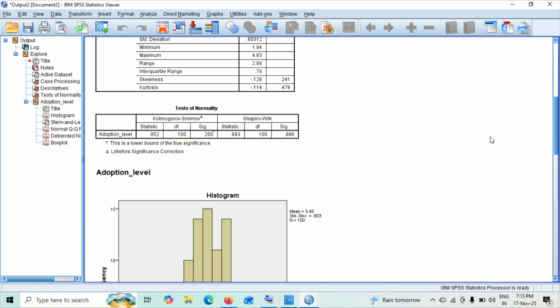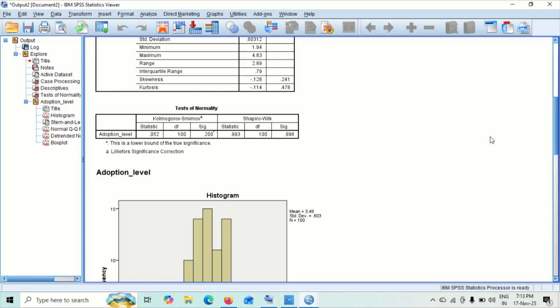Regarding the Kolmogorov-Smirnov test, the statistic is 0.052 and the significance value is 0.200. And regarding the Shapiro-Wilk test, the statistic is 0.993 and the significance value is 0.896.